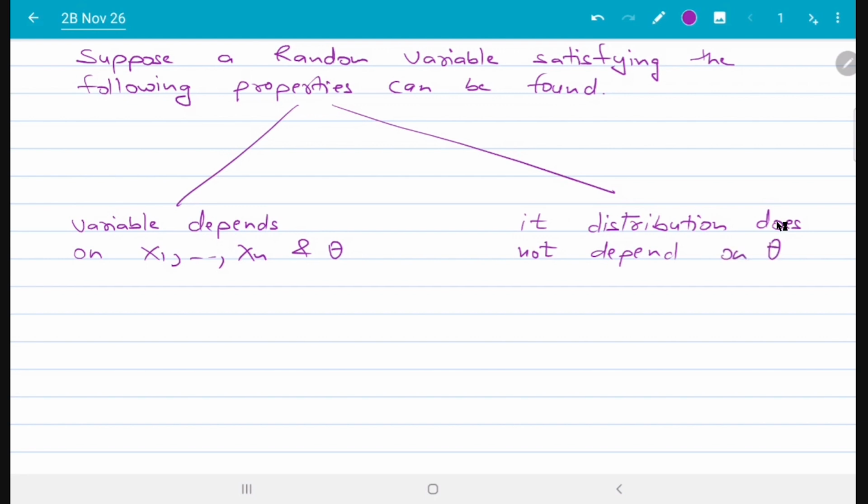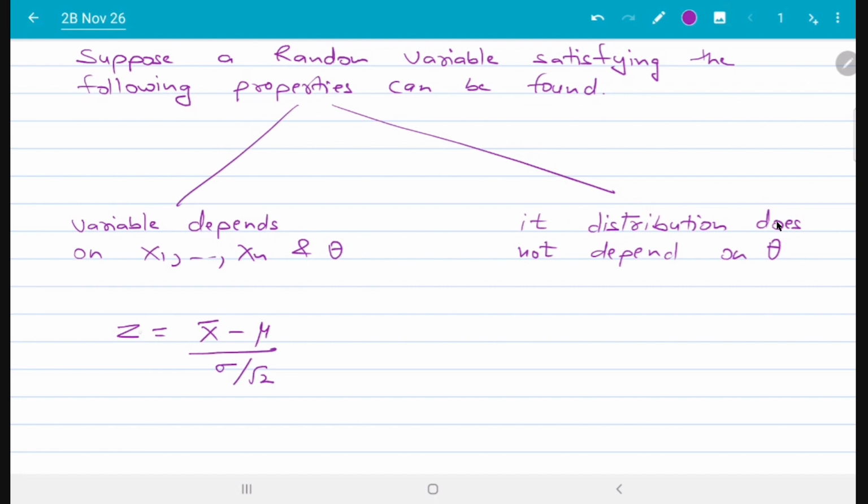So to obtain the confidence interval, we need a random variable which satisfies these properties. In the last case, we took the standard normal variable Z after standardizing the sample mean. It satisfies both the properties.